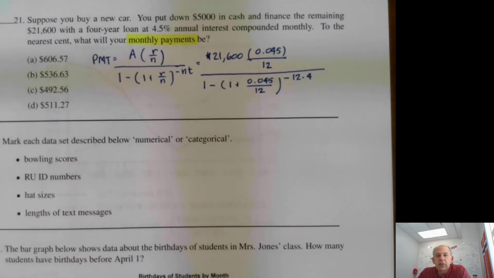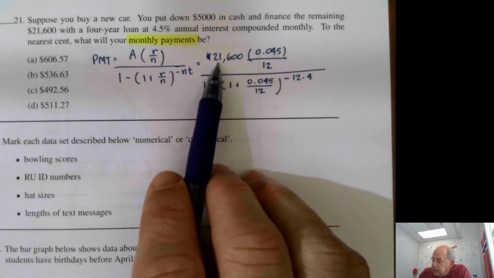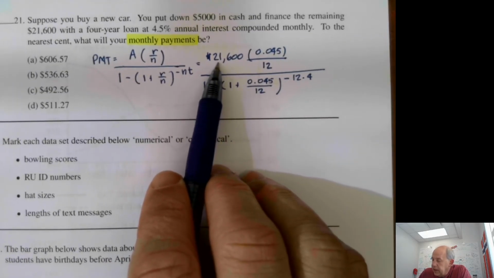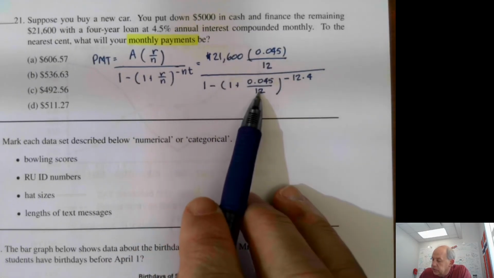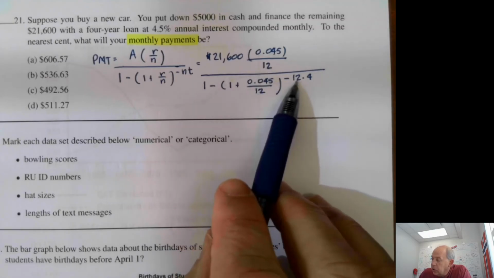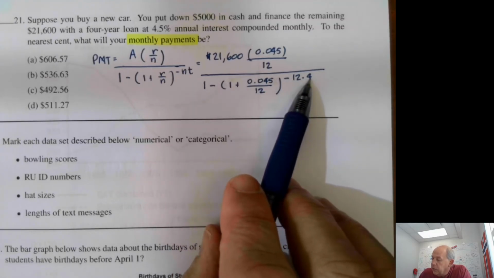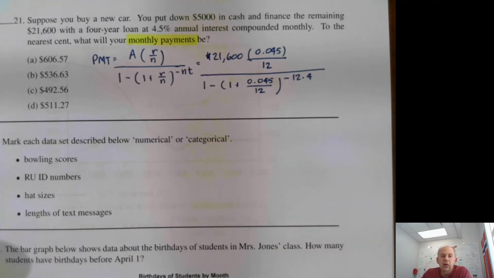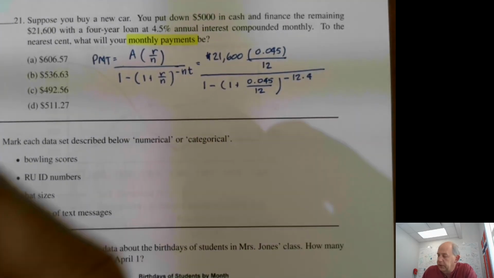So that's a beast of a formula with a lot of moving parts to figure out what goes where. Here's the loan amount for the car that I have to pay back. Here's my interest rate. My N is always 12. I have 4 years to pay it off, and there are all of my ones from the formula.